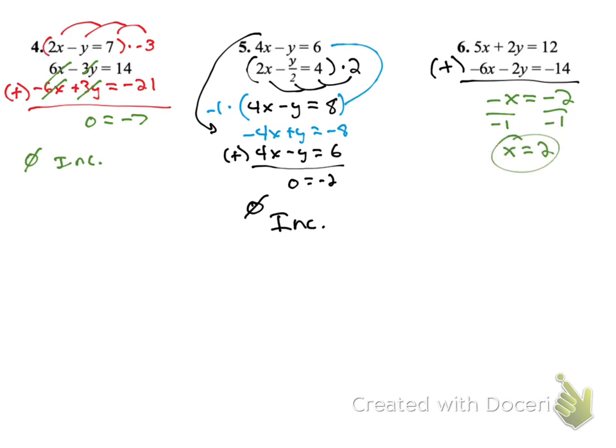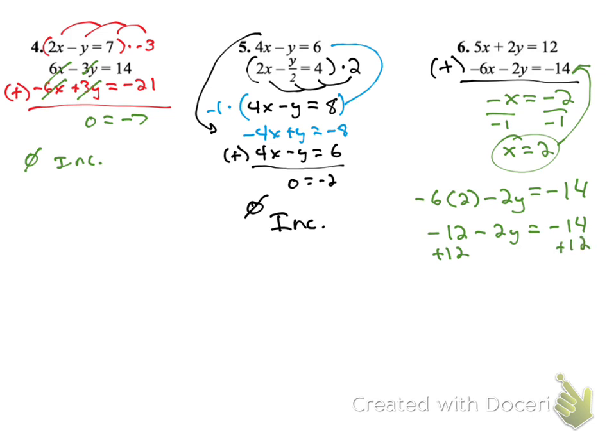X equals 2. Okay? So I can plug that back into either one of my originals. Caleb, what do you want me to plug it into? The bottom one with all the negatives. Sounds good. So I'll have negative 6 times 2 minus 2y equals negative 14. Negative 12 minus 2y equals negative 14.